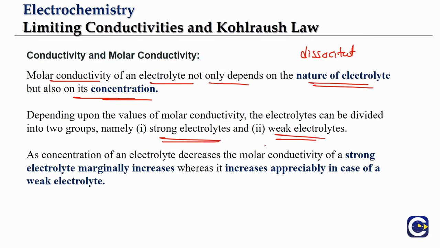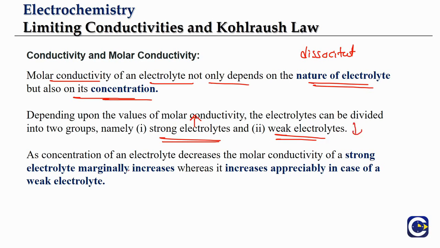So the strong electrolytes, whatever be the concentration, their extent of dissociation will be more. And weak electrolytes, if you compare at the same concentration, the strong electrolyte will dissociate more, the weak electrolyte will dissociate less.